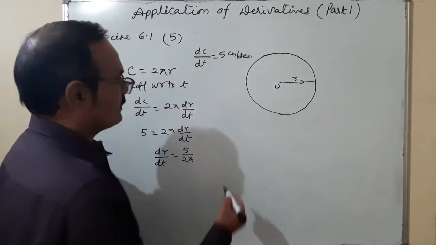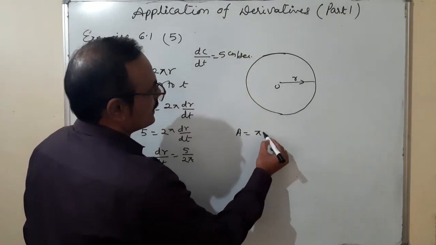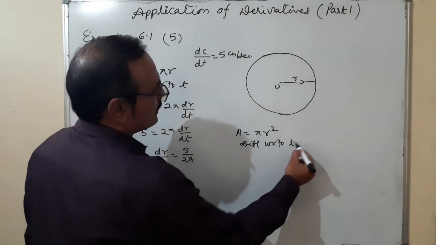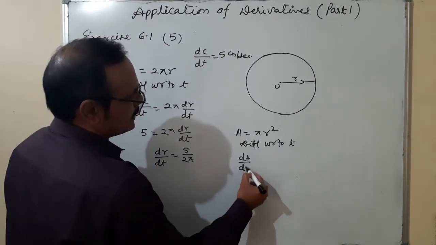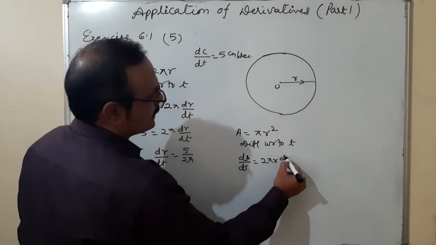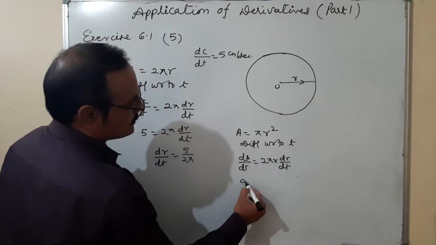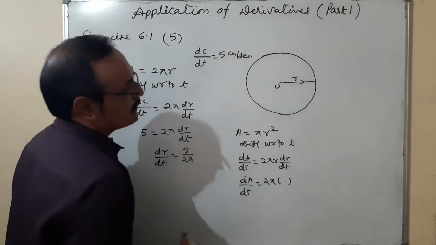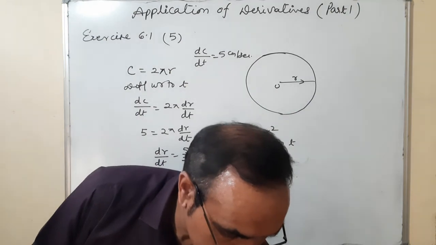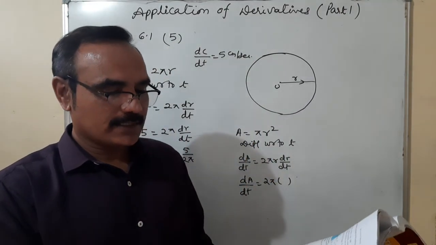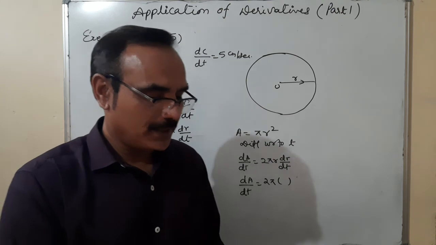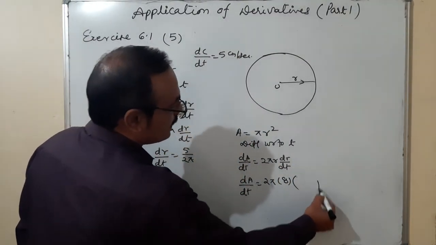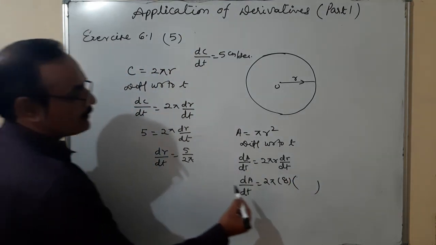So area of circle is equal to pi r square. Differentiate with respect to t, dA upon dt is equal to 2 pi r dr by dt. Okay. So for finding dA upon dt, 2 pi radius, at the time when the radius is given, 8 centimeter. So in place of r, I will put here 8, and dr by dt is 5 upon 2 pi.